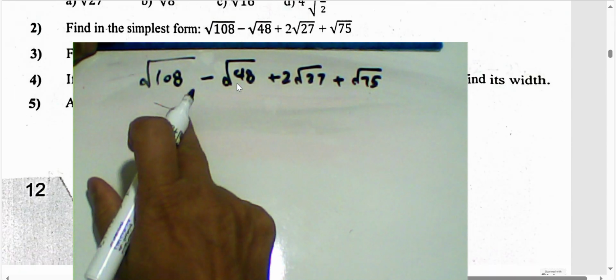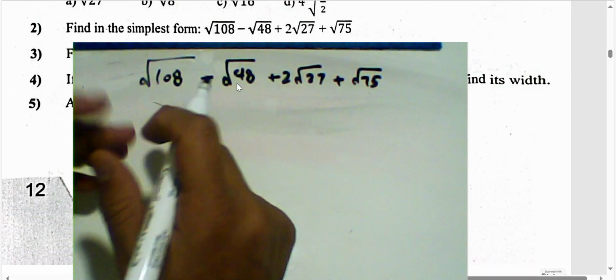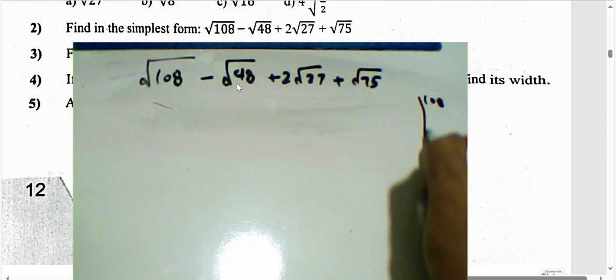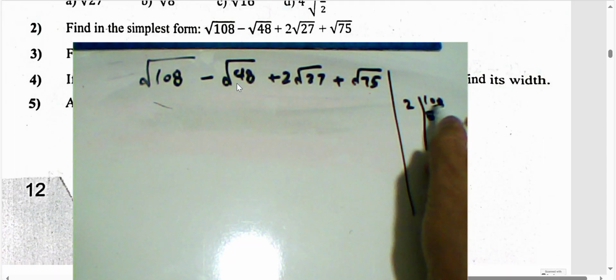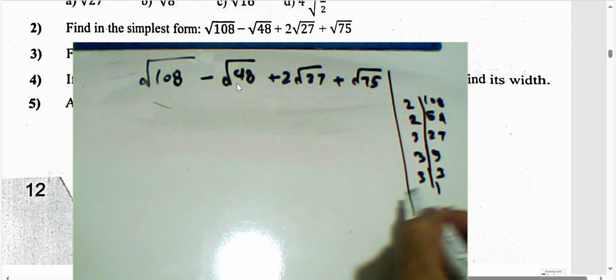We want two numbers whose product equals 108. You can factorize this number. 108 divided by 2 equals 54. 54 divided by 2 equals 27. 27 divided by 3 equals 9. 9 divided by 3 equals 3. 3 divided by 3 equals 1.